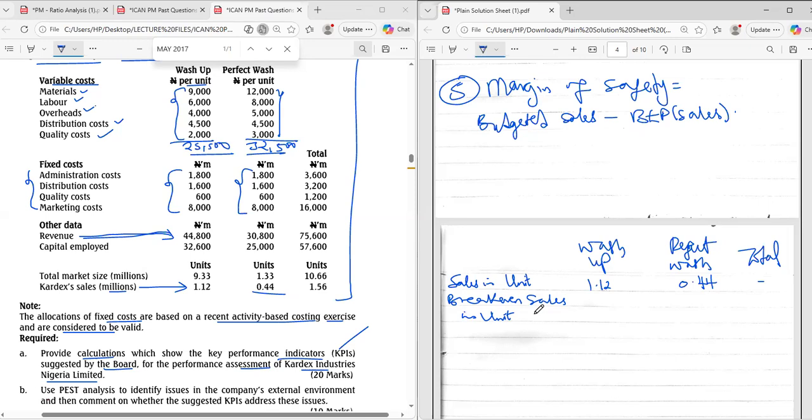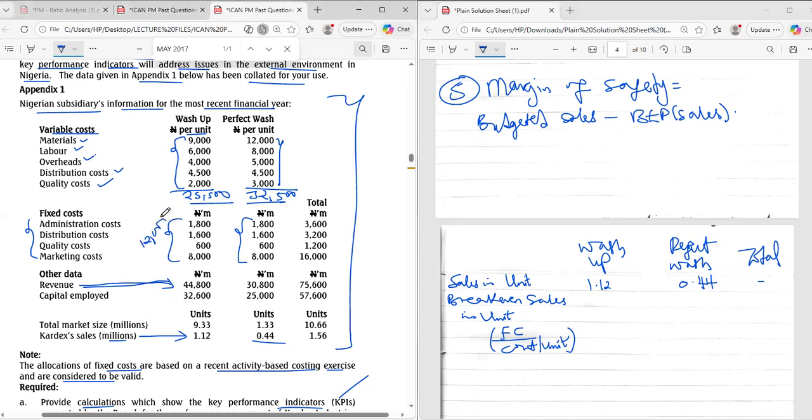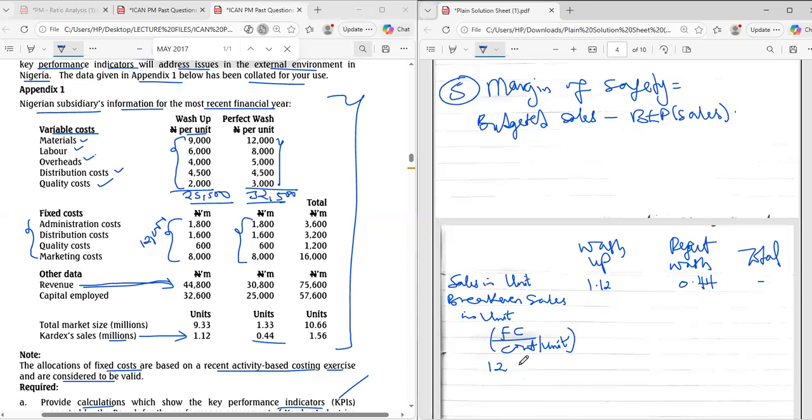Fixed cost divided by contribution per unit. I think you gave me 12K here before, so that'll be 12,000 divided by our contribution per unit.